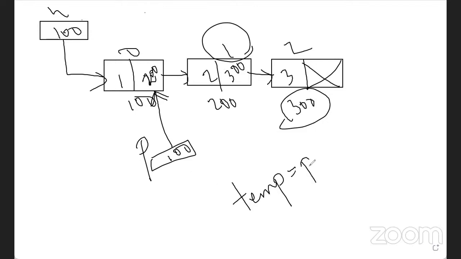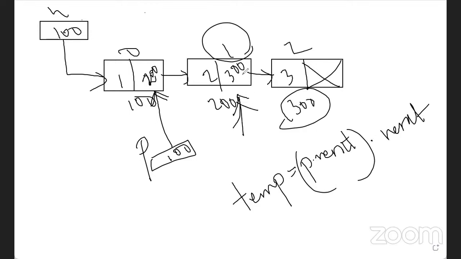P.next is 200, that means this node. P.next.next is 300. So temp is equal to P.next.next. That implies you're storing the value 300 into temp. So now temp is 300.